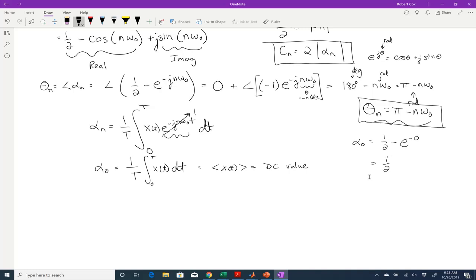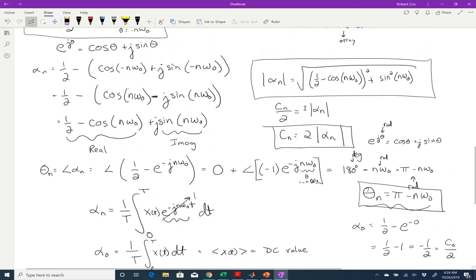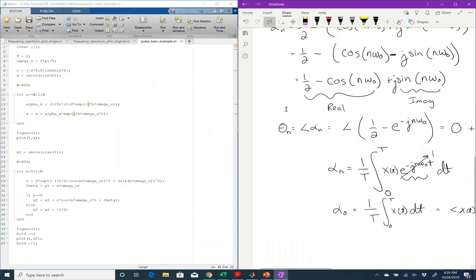So 1/2 minus 1 equal to minus 1/2. That is equal to C naught over 2. Okay? So C naught over 2 is equal to alpha naught. That's the average value. I'm just going to add that in. So in my code, I'm going to basically have code for n equal to 0 and code for n not equal to 0. Now if I just Google how do I write not equal in MATLAB, I put tilde equal like that. All right, so let's put this over here.